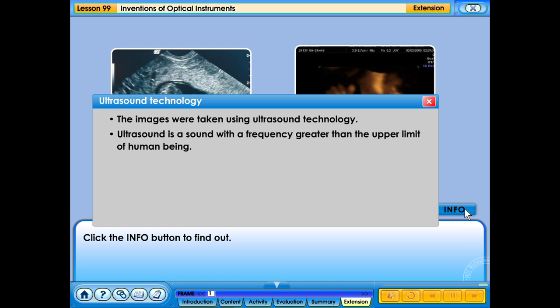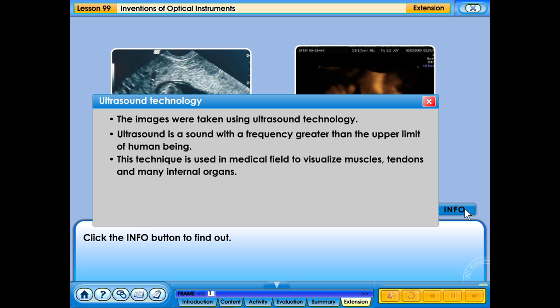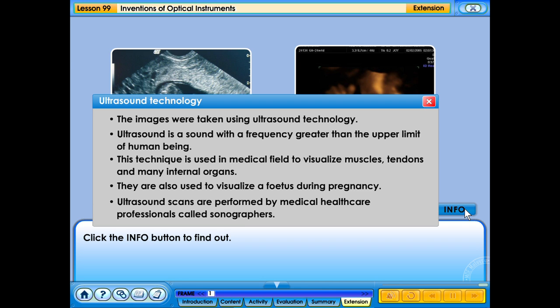Ultrasound is a sound with a frequency greater than the upper limit of human being. This technique is used in medical field to visualize muscles, tendons, and many internal organs. They are also used to visualize a fetus during pregnancy. Ultrasound scans are performed by medical healthcare professionals called sonographers.